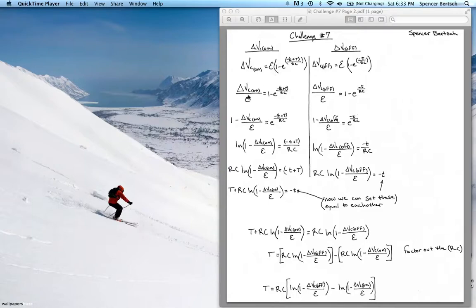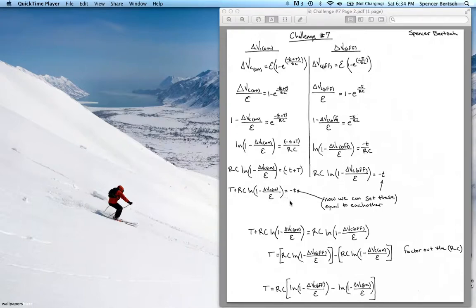We can divide by E first to get E on this side. Then, in two steps, I took the 1 over minus 1 on both sides and multiplied everything by negative 1 to make it look simpler. Then use the natural log to bring this down, because e to the thing, you use natural log to get the thing. Then you solve for t by multiplying both sides by RC.